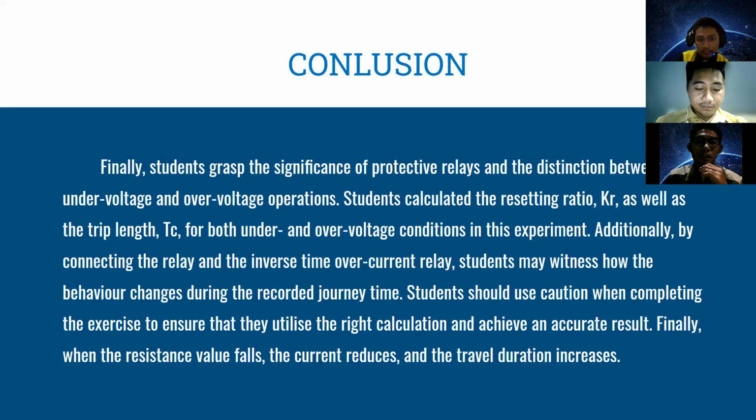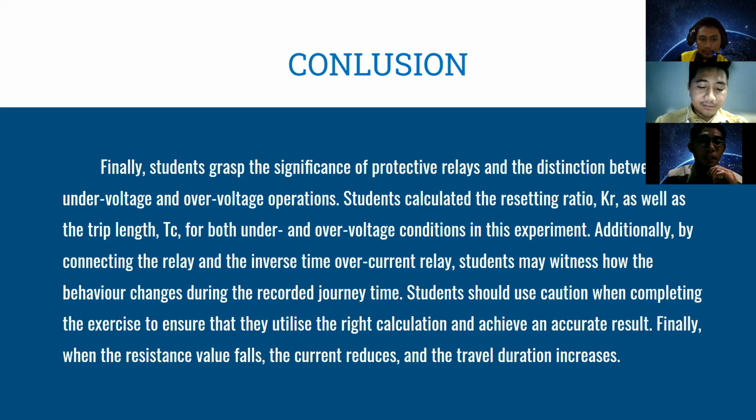Finally, students grasp the significance of protective relays and the distinction between under voltage and over voltage operation. Students calculated the resetting ratio KR as well as the trip time TC for both under and over voltage conditions in this experiment.